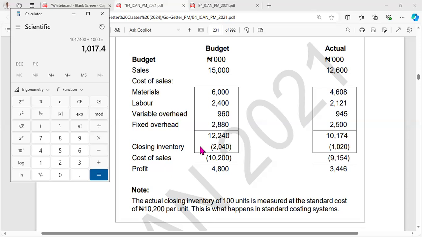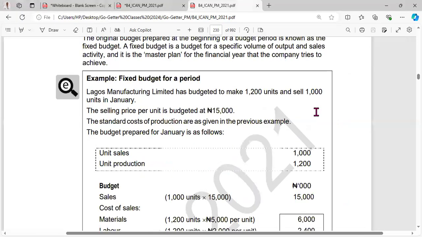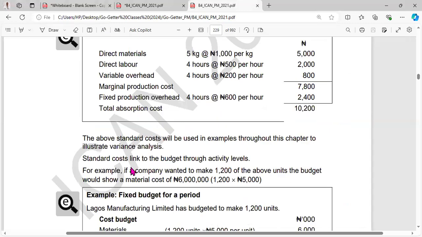This is standard cost. So no matter how much you have made actually here, when you want to do your closing stock, you come down here and take your 10,200, multiplied by 100 units.